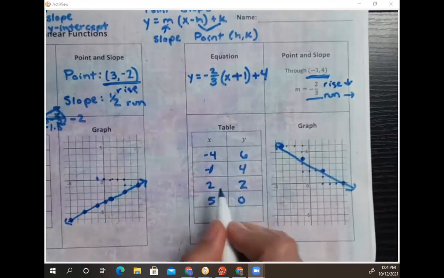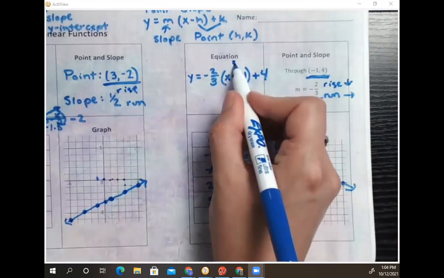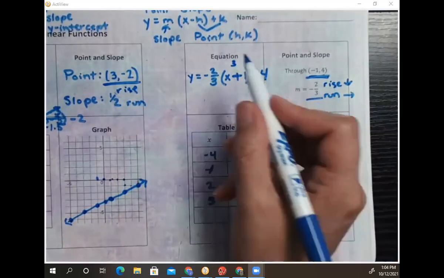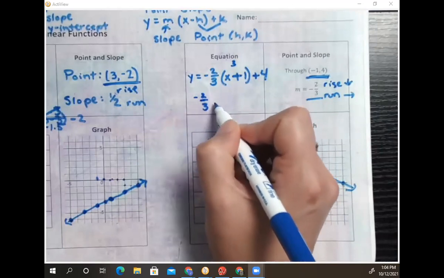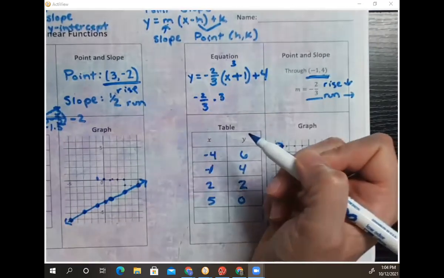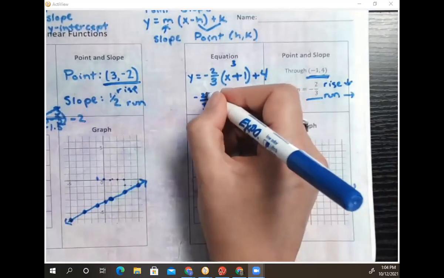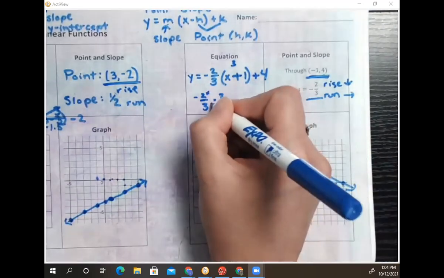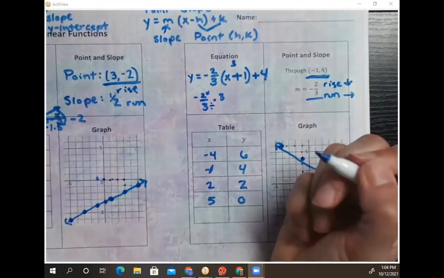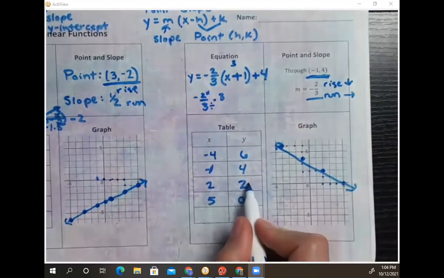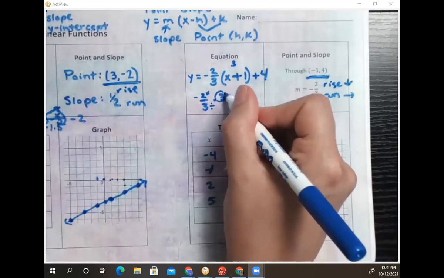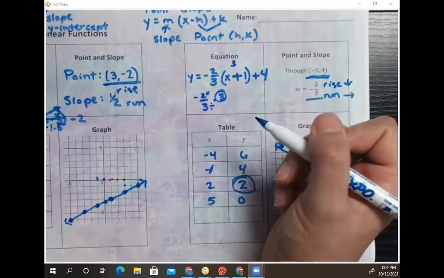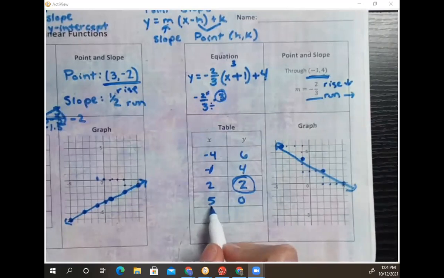So 2 plus 1 is 3, right? And then when I multiply my -2/3 by 3, what I'm actually doing is multiplying by 2, but dividing by 3. This ends up being a nice y value because my number here is divisible by 3.